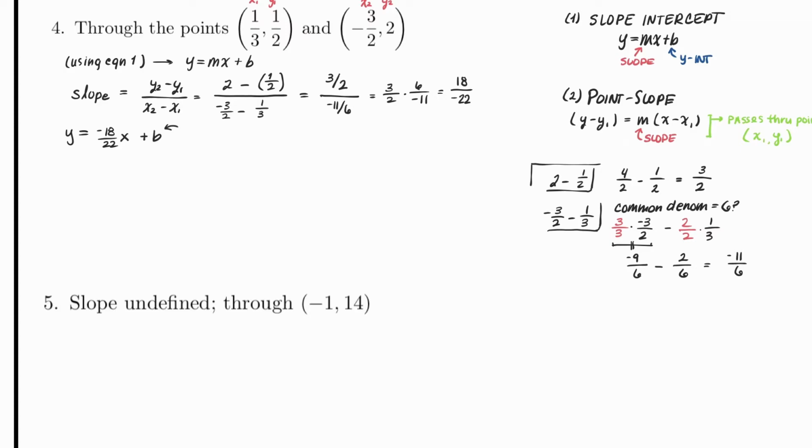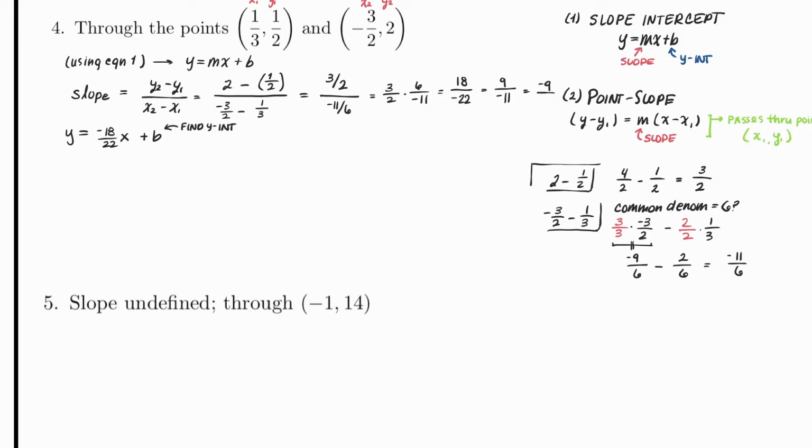And now I need to find the y-intercept, which is b. It might also be helpful for you to simplify this. If I divide the top and bottom by 2, 18 divided by 2 is 9, and -22 divided by 2 is -11.